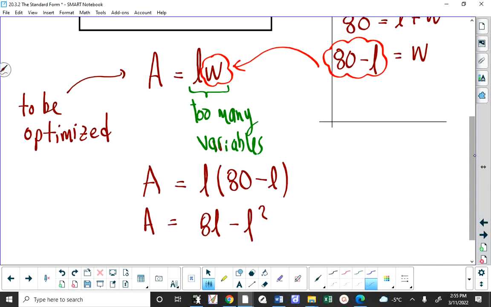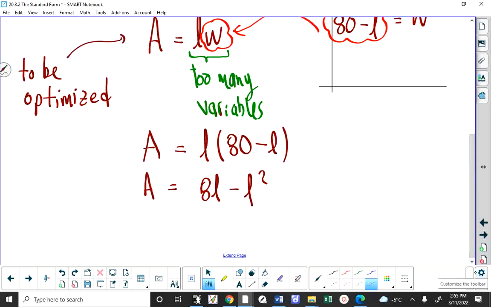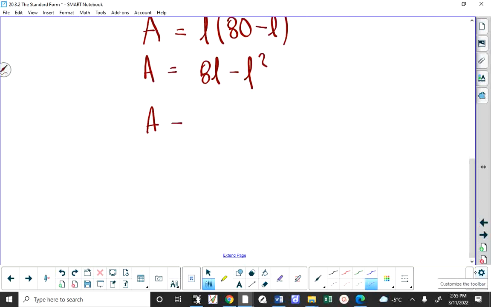Is that a quadratic function? Yep. Does it open up or down? Careful. 8 is positive, but 8 is not the number in front of the squared term. Right? This is a little tricky. Not really tricky, but a little bit. If we write it in standard form, we put the squared term first, then the linear term, what I'm going to call the linear term.